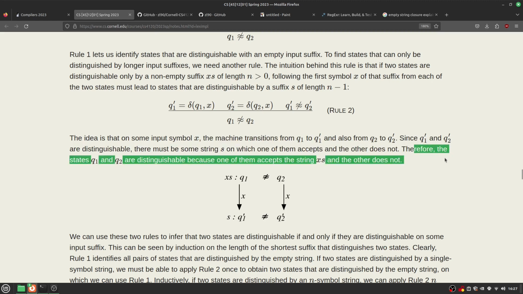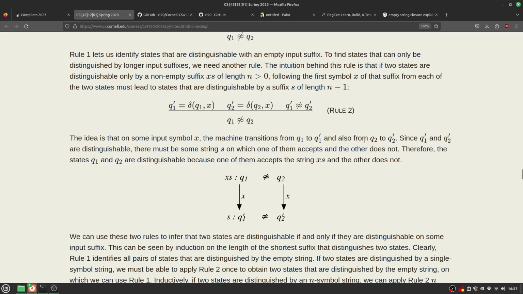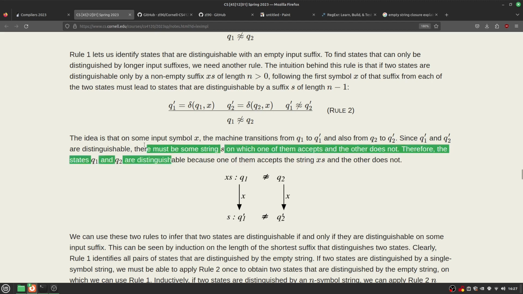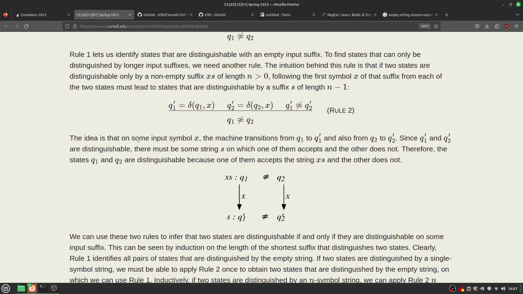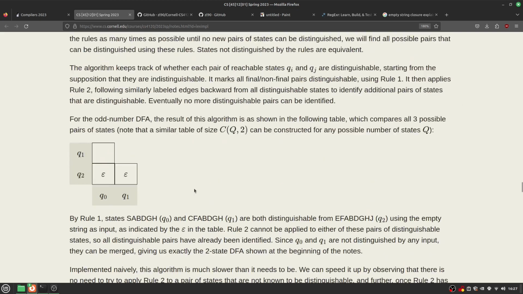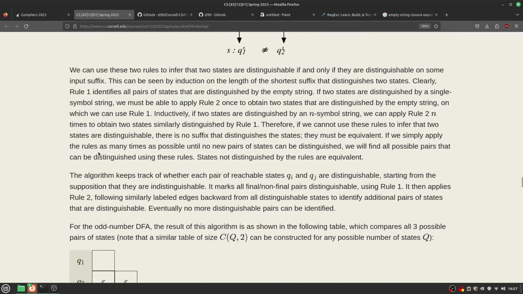Therefore, the states Q1 and Q2 are distinguishable because one of them accepts the string and the other does not. We can use these two rules to infer that two states are distinguishable if and only if they are distinguishable on some input suffix.